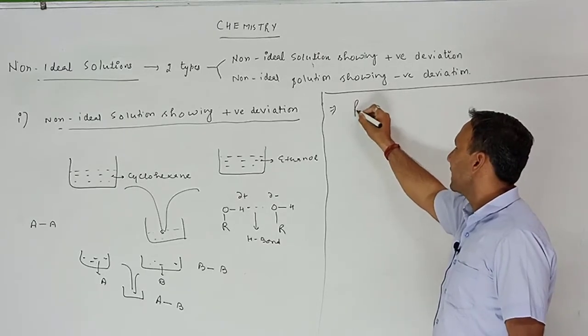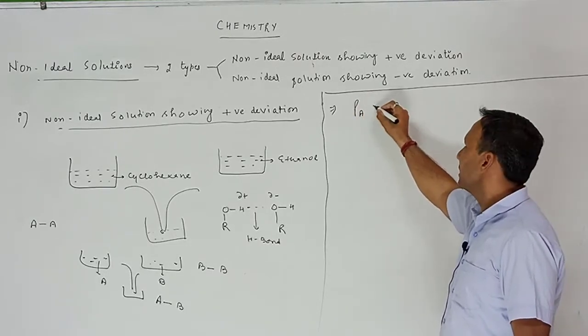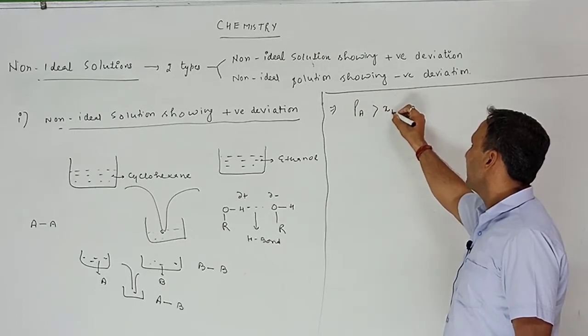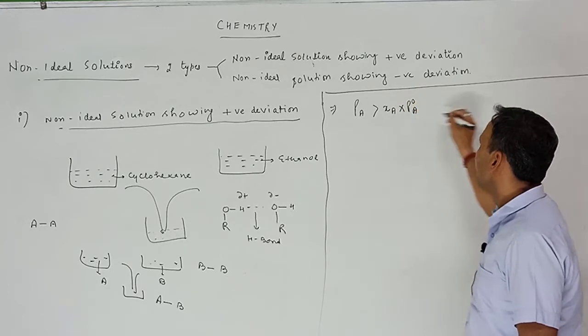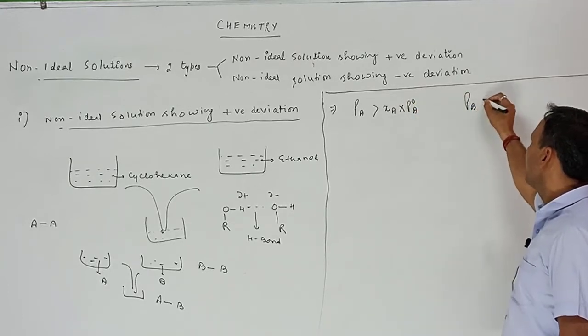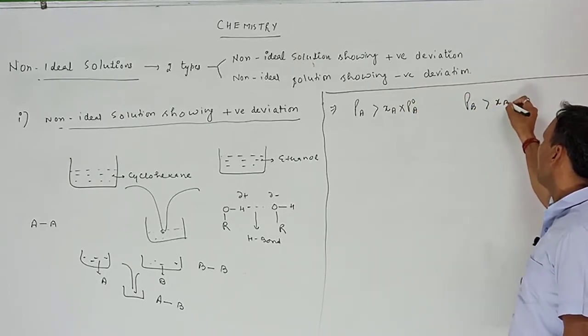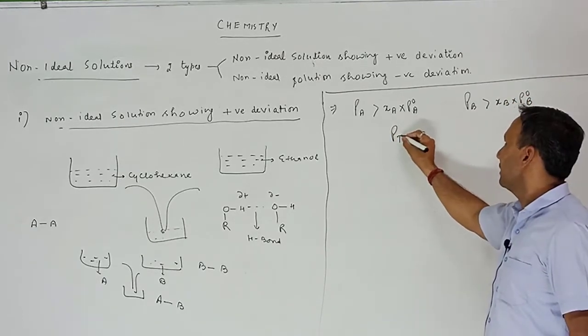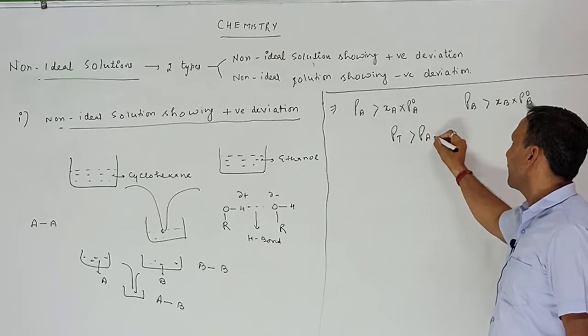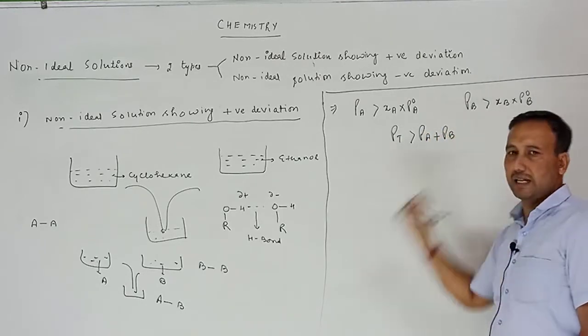That is, the partial pressure of A component is more than the mole fraction of A times P naught A, and the partial pressure of B is more than the product of XB into P naught B, and the total vapor pressure is more than the sum of the partial pressures of A plus B component.